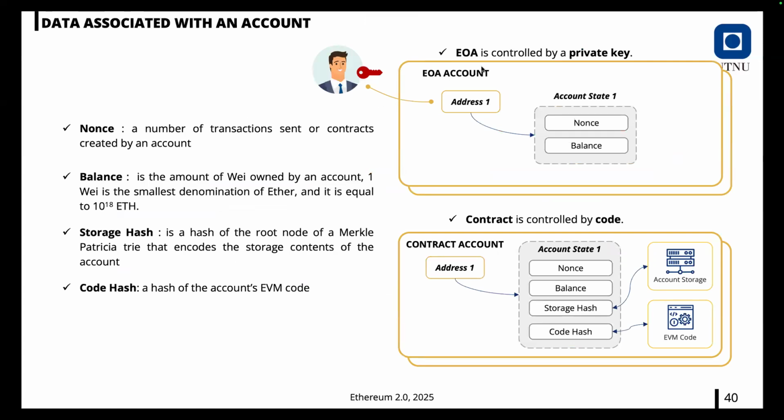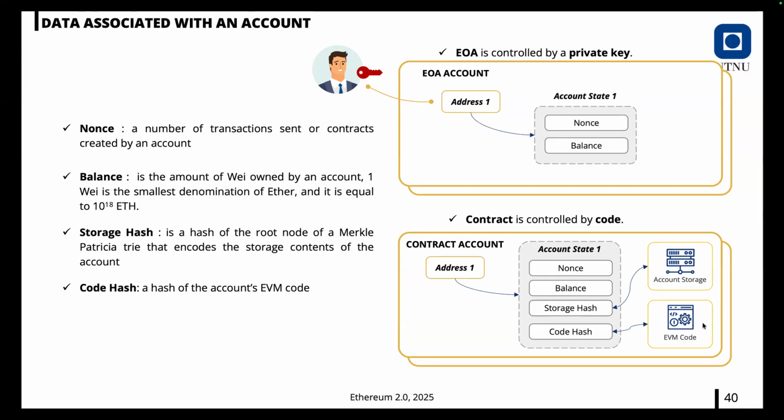So an externally owned address is controlled by the private key, and it has a certain balance, and it has some sort of nonce. And then contracts, they have a balance. They have, like, what do they store? And then what is the code?